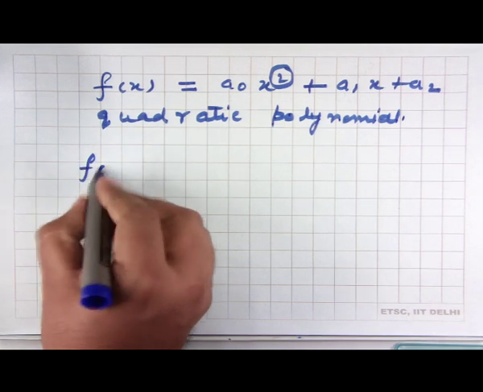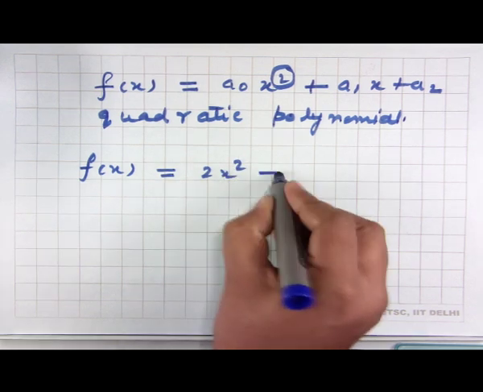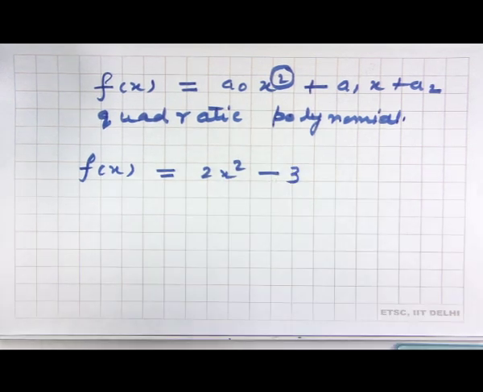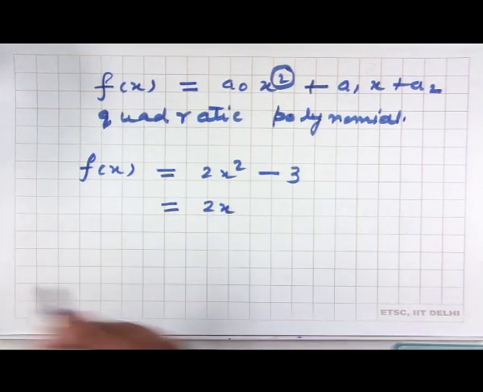Suppose f(x) equals 2x square minus 3. Here a0 is 2 which is not equal to 0, and a1 is 0 and a2 is minus 3.